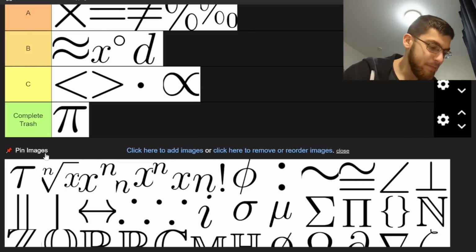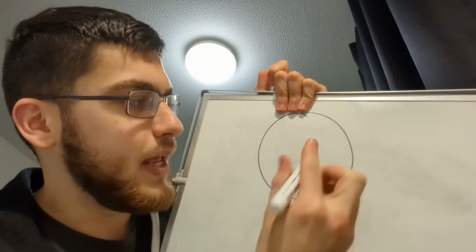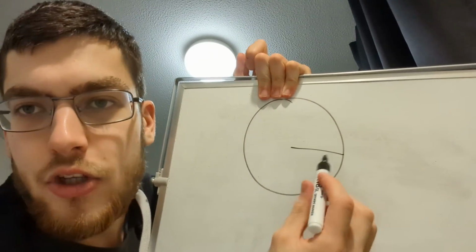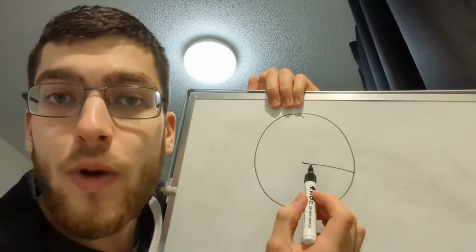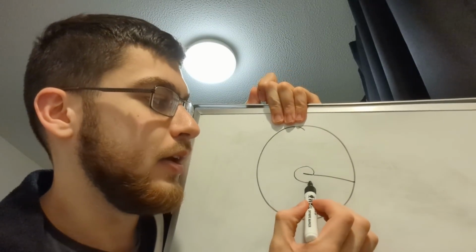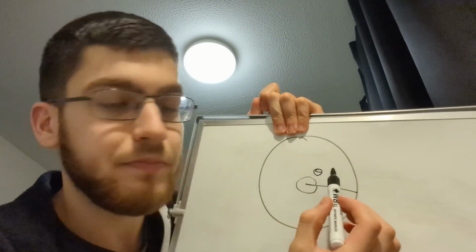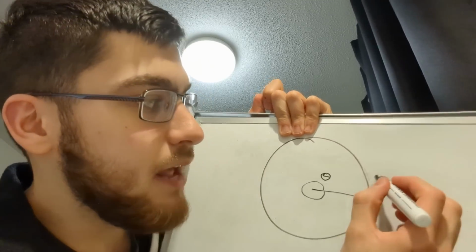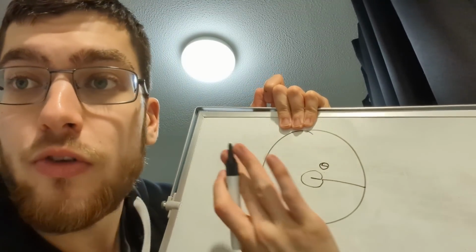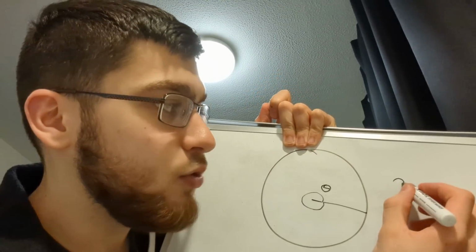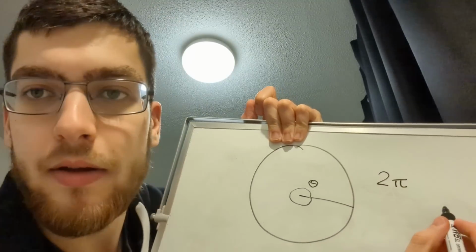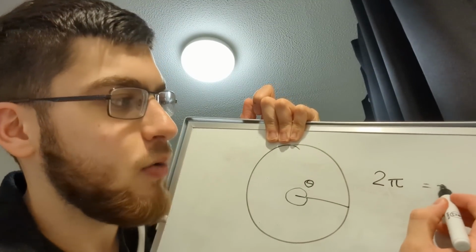If you have a full circle, okay, and you're starting here, and you're measuring the angle all the way around the full circle, okay, we'll call this angle theta. Now, if I want to find the full turn, what's that equal to? That's equal to 2 pi, okay, which is tau.